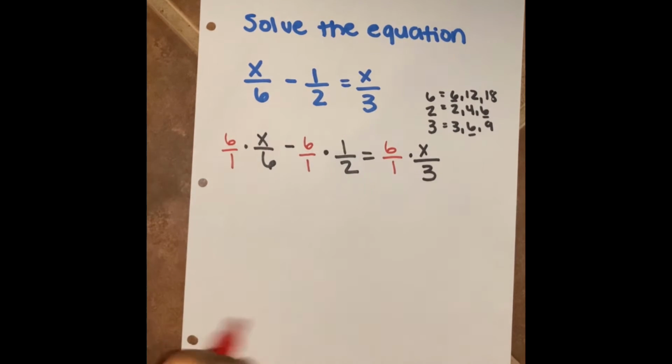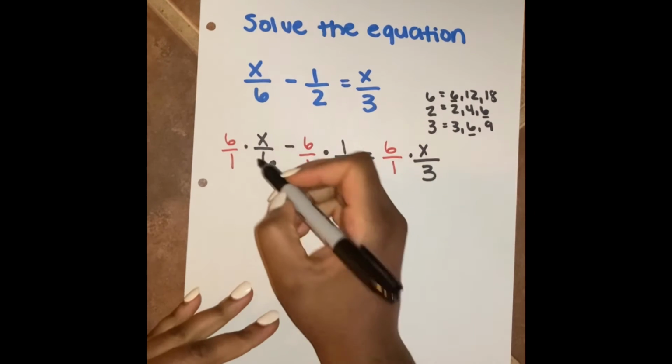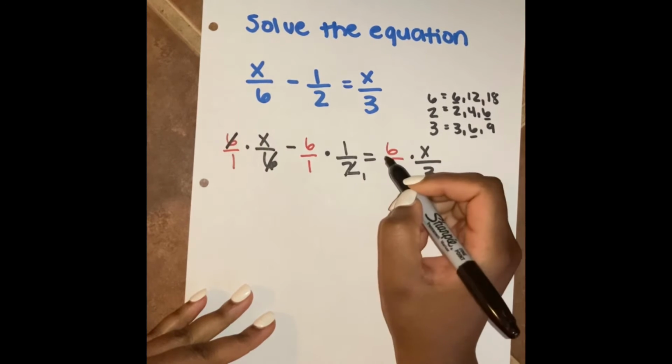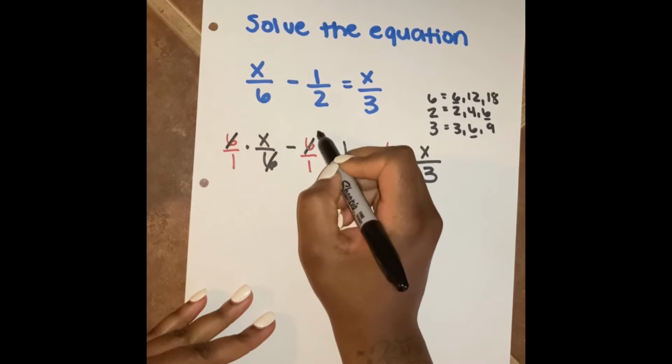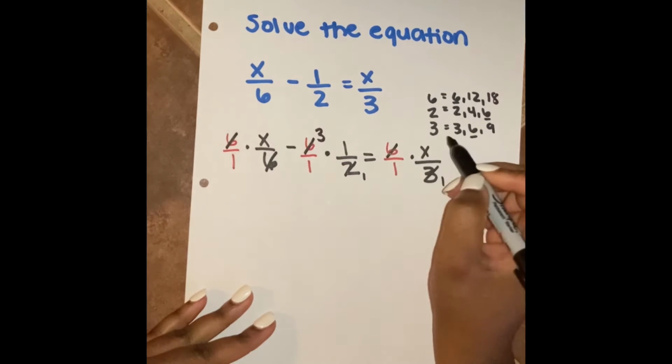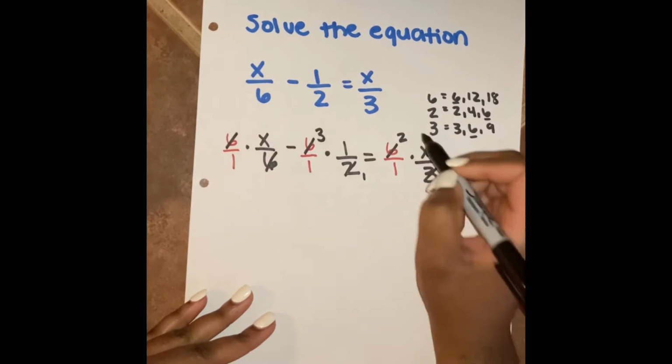So from here, we are going to cancel everything out. Our 6 cancels. 2 goes into 2 one time. 2 goes into 6 3 times. 3 goes into 3 one time. 3 goes into 6 2 times.